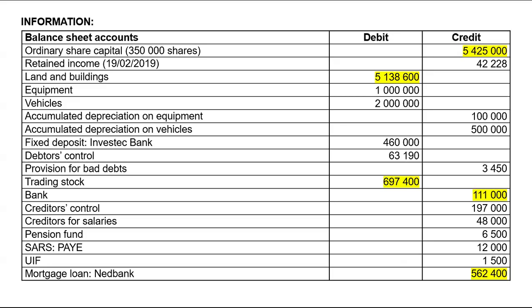Those 350,000 shares will be the balance at the end of the year, which is the 28th of February 2019. So everything that has happened has already been recorded since they said nothing.